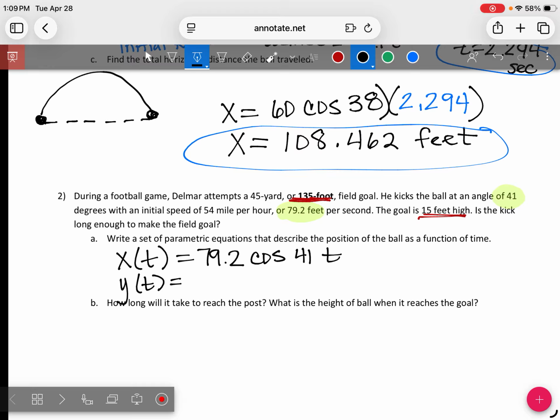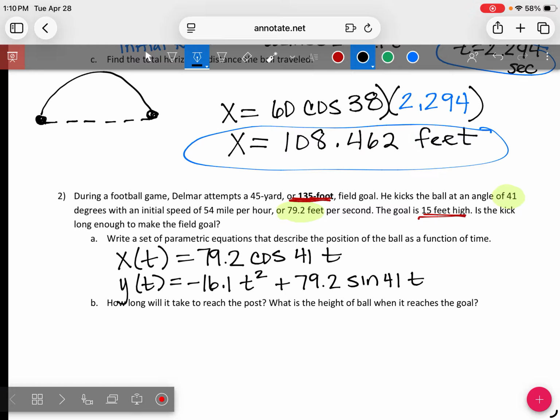If you multiply that by negative 0.5, you get negative 16.1 t squared plus 79.2 sine 41t. And we're going to assume that the kick is from the ground. All right. And he's kicking it from the ground. So again, my initial height is 0.